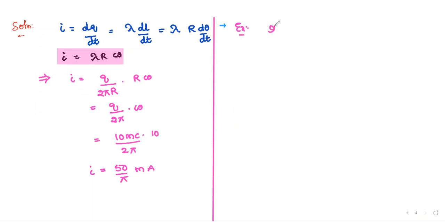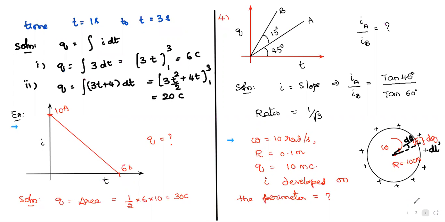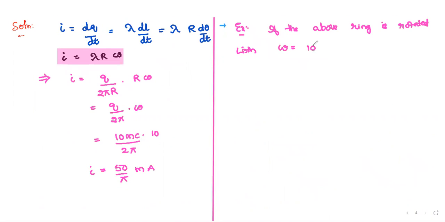That's why I'm saying this problem. If the above ring is rotated with omega equal to, instead of the previous 10 radian per second, something like 10t, or omega equals 10t plus 4, or 10t square.